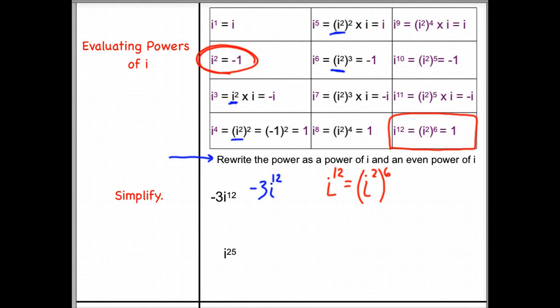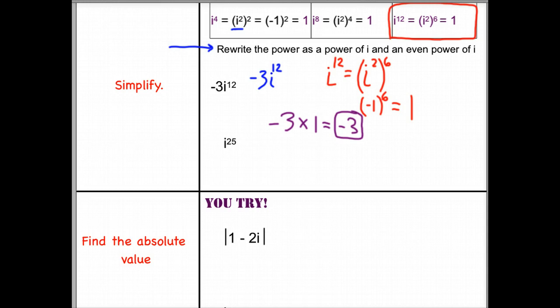So we know that i squared is negative 1, and negative 1 to an even power is just going to get us a positive 1. So what we really have is negative 3 times positive 1, which equals negative 3. So that's how we would evaluate that one.